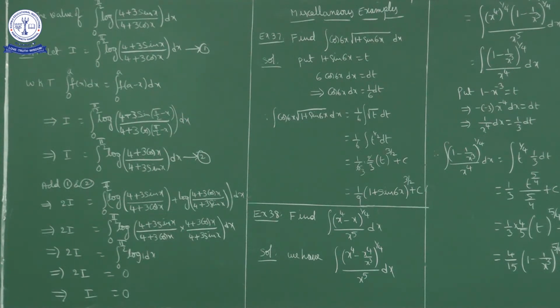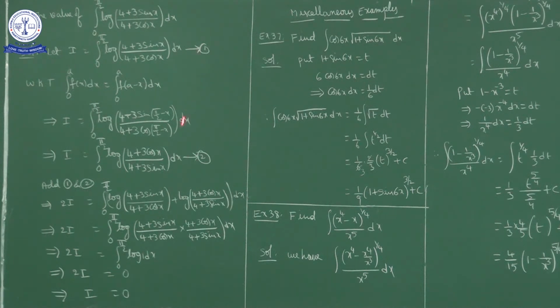Okay, now sin (pi by 2 minus x) is what? Cos x. Cos (pi by 2 minus x) is what? Sin x. Okay, so what we have, I is equal to integral 0 to pi by 2 log of (4 plus 3 cos x) upon (4 plus 3 sin x) dx. Okay, I'll mark this one as 2.